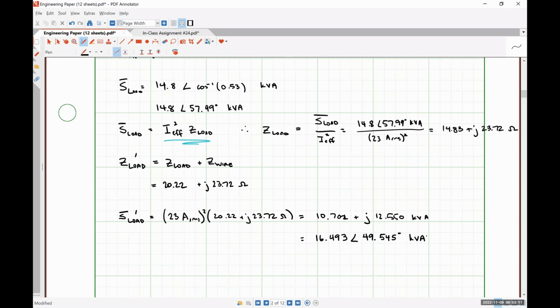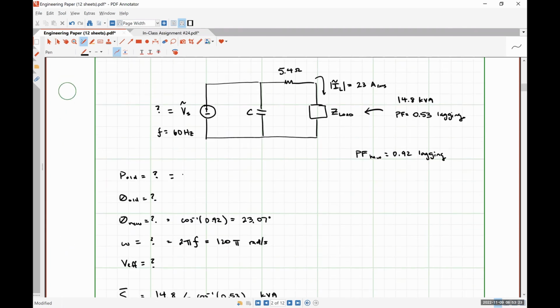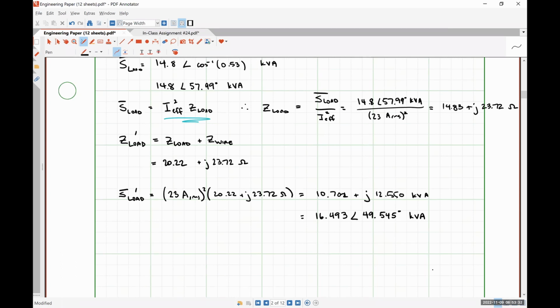So what's P old and what's theta old? That's correct. So P old is 10.701 kilowatts, the real part of S. Theta old is this 49.545 degrees.